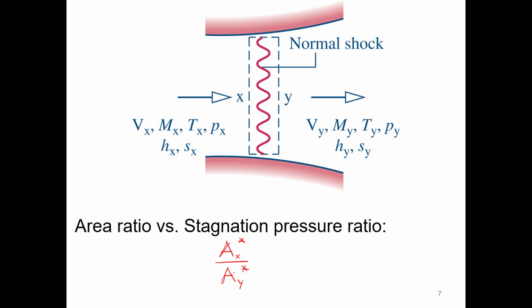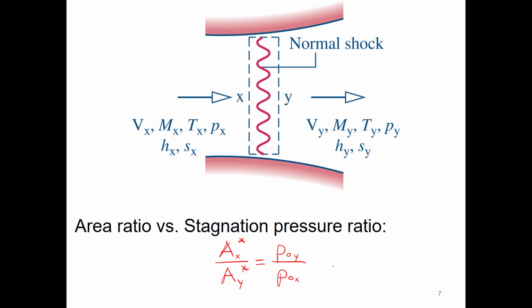It doesn't necessarily have to be a throat on both sides, but what would the area be if there was a throat where the Mach number was 1 on either side of our shock? All right, and that's going to be equal to the stagnation pressure on the downstream side divided by the stagnation pressure on the upstream side.